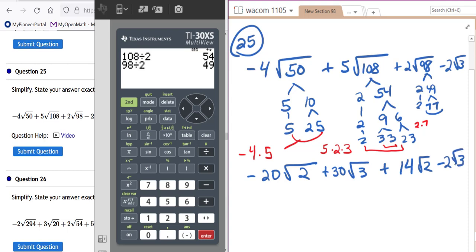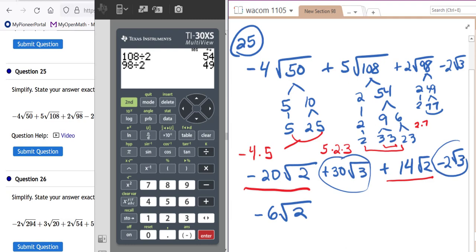Right, so the radicals that can go together, these with the square root of 2 can go together, and your math is on these, it's like a coefficient. So negative 20 plus 14 will give us a negative 6 times the square root of 2, and the square roots of 3 will go together, right?